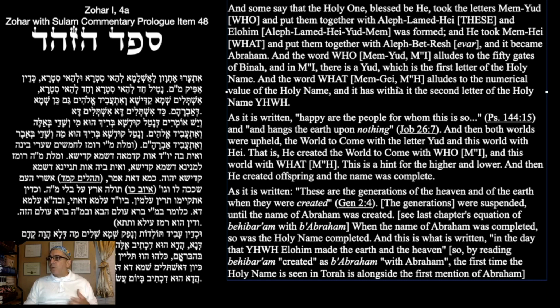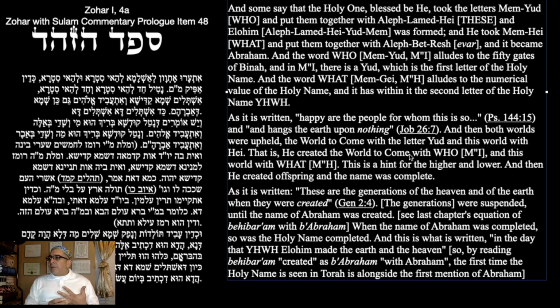And the word who, which is mi, alludes to the 50 gates of Bina, and in mi there was a Yod, which is the first letter of the holy name, and the word what alludes to the numerical value of the holy name, and within it was the second letter of the holy name, Yod-He, and the Vav and the He.